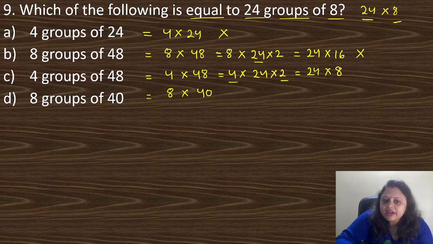So we can write 4 into 48 as 24 into 8. Okay. And yes, we are looking for that. It is correct. Okay. So as it is correct, why proceed to option D? There is no need. Okay. So our correct option is option C.